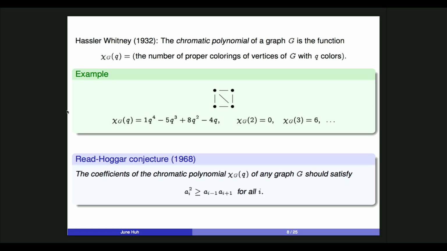And the expectation was that whenever you write down this function, which happens to be a polynomial, and read off its coefficients, say a0, a1, a2, and so on, then you should always see this convexity inequality: ai squared should be at least a(i-1) times a(i+1) for every index i. So in the example you're seeing above, 5 squared is larger than 1 times 8, and 8 squared is larger than 5 times 4. And it is such a universal prediction.